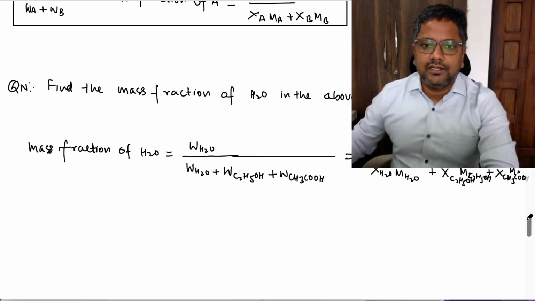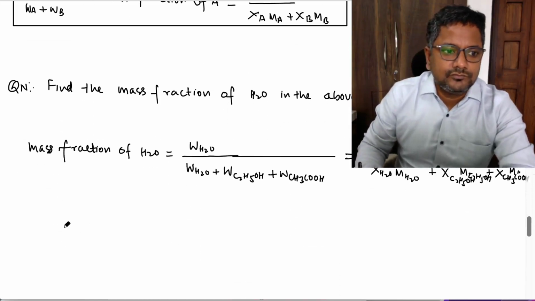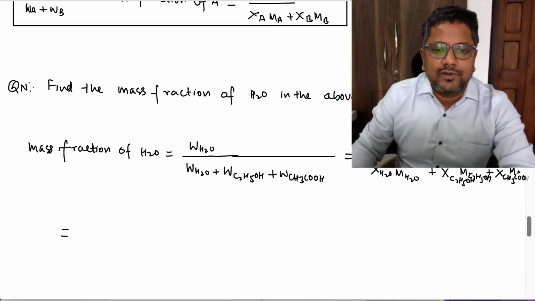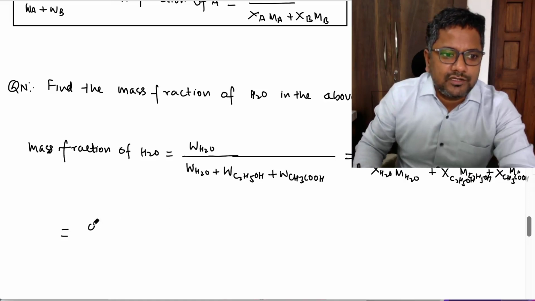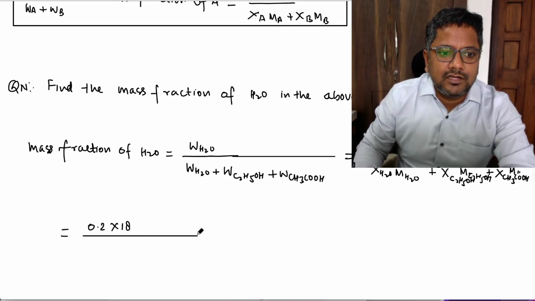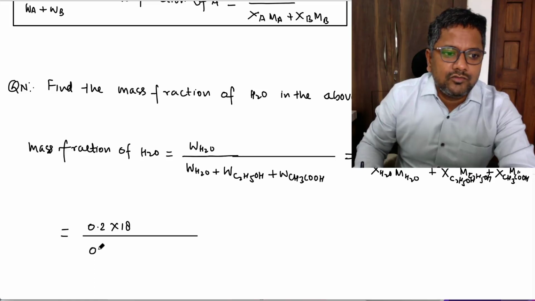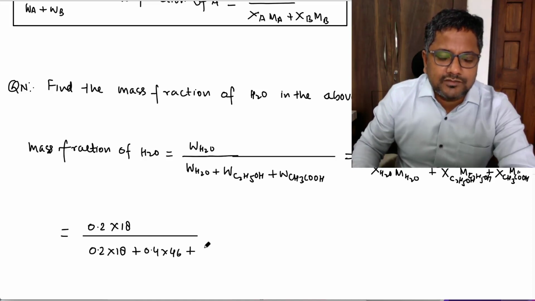So you can write here, this is equal to mole fraction of water, I think it is 0.2, into 18, whole divided by 0.2 into 18 plus 0.4 into 46 plus 0.4 into 60, right?